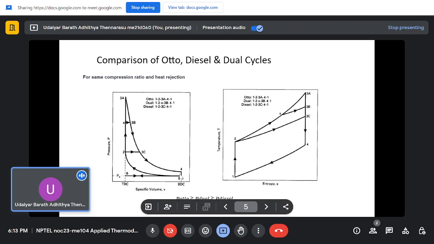Assuming that the inlet is the same and the compression ratio is the same, so your clearance volume is also the same, you have an engine but you are operating it with different cycles.